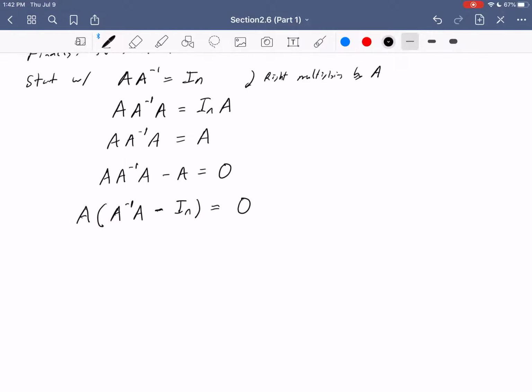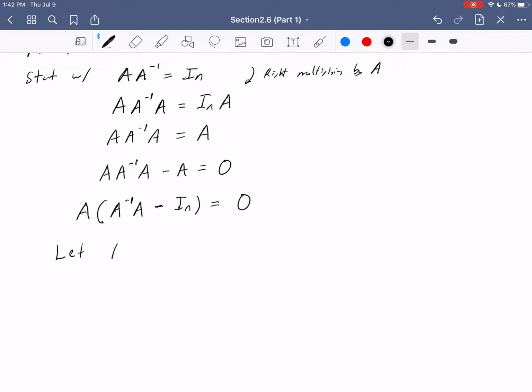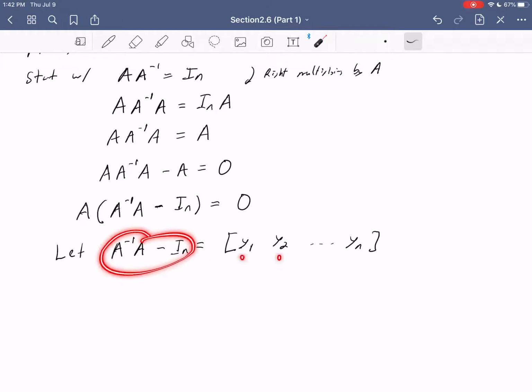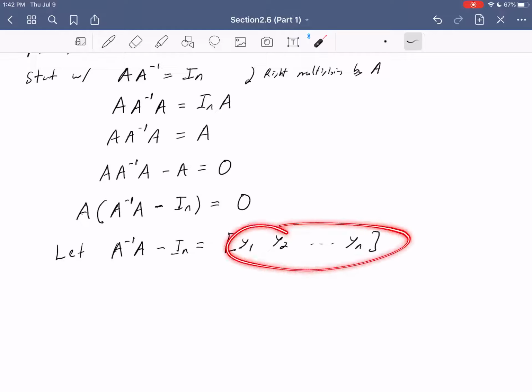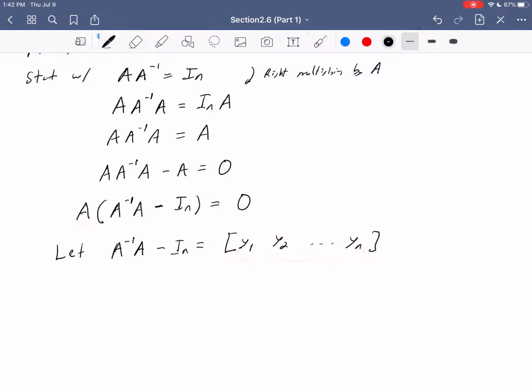So what we're going to do is we're going to let A inverse A minus I_n equal y1, y2 through yn. So we're going to define this to have these column vectors that we're just going to call y1, y2 through yn. Why am I doing that? Well, because I have my matrix A times these, so I can use my standard sort of trick now.